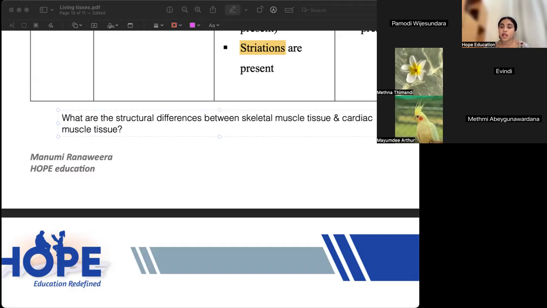Okay, now put the answer in the chat box. Everybody, put an answer in the chat box. Structural differences between skeletal muscle tissue and cardiac muscle tissue. Yes, Mayumdi, correct.